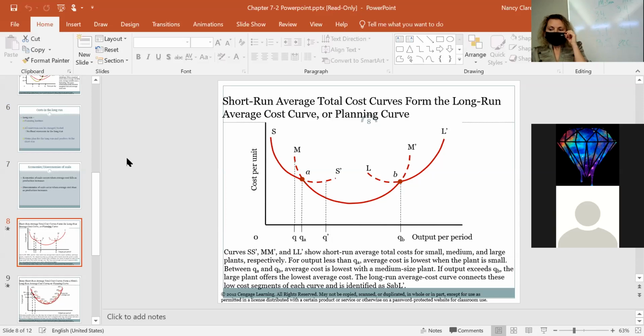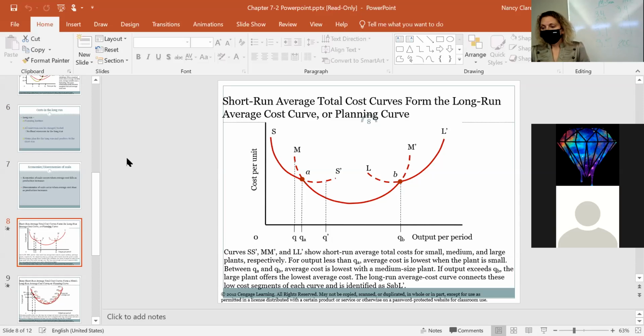Frequently, managers in the planning horizon, the long run, have to look at estimated costs they could have with different facilities and decide which facility they should start building now so that it can be ready a year from now, 2 years from now, 3 years from now. Your accounting department has brought you these estimated costs associated with 3 different factories you could build, and now it's your job to decide which one's going to get built.